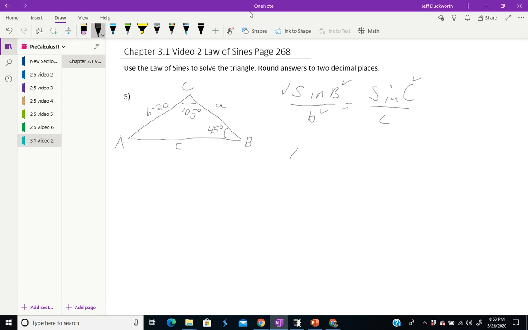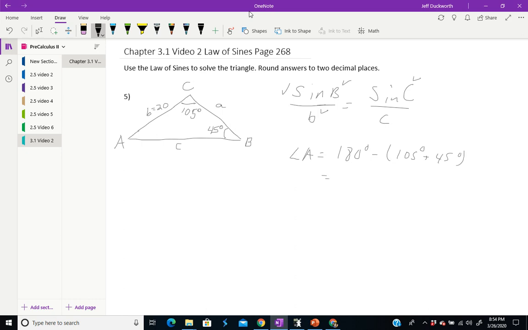So angle A, we know that the total of the three angles has to be 180 degrees. So A equals 180 degrees minus 105 plus 45.